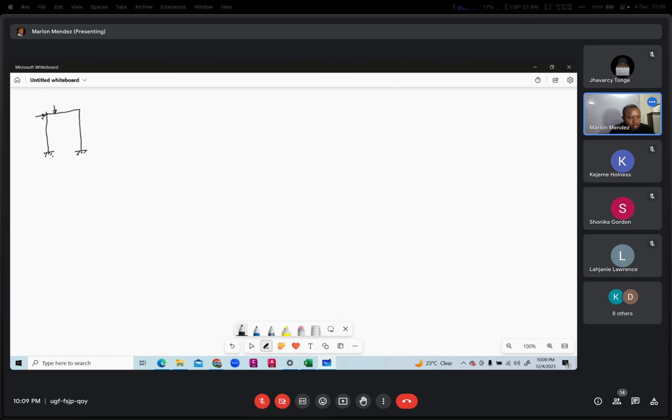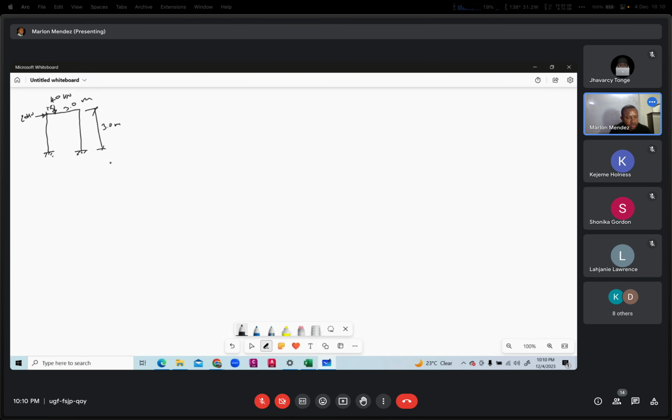There's a lateral load of 20, and these are all in kilonewtons. So 20 kilonewtons, and here is 40 kilonewtons. The distance where this is located is 3. This is 1.5. The height of this is 3 meters, and it's all in meters.